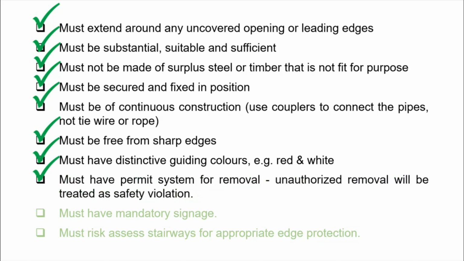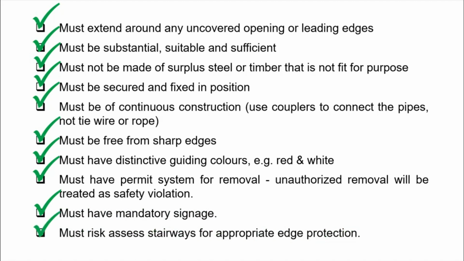When we are removing the edge protection, it should be under the permit system, and unauthorized removal will be treated as a safety violation. Must have mandatory signage and must risk assess stairways. In the stairways, we need to assess the risk so that we can install the appropriate edge protection.